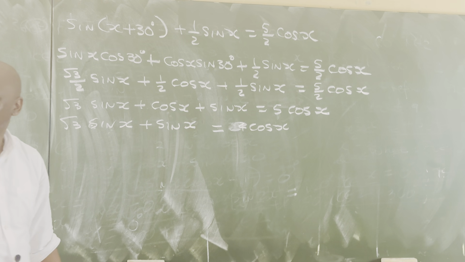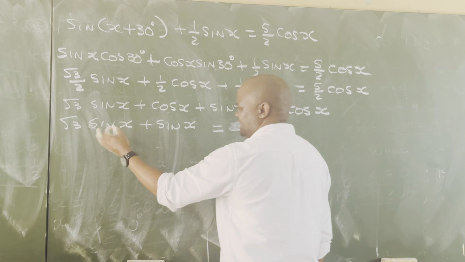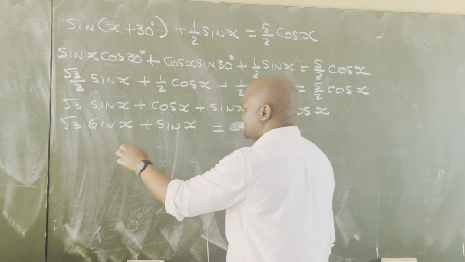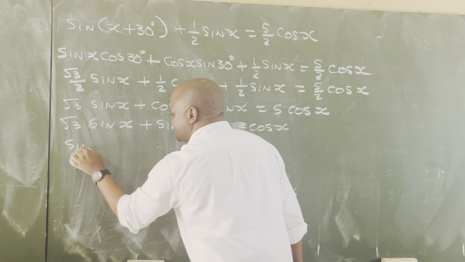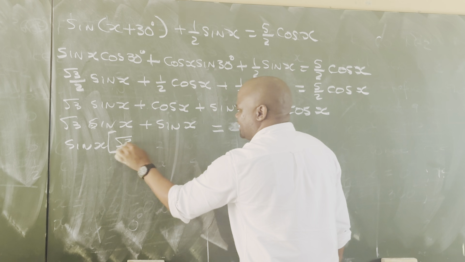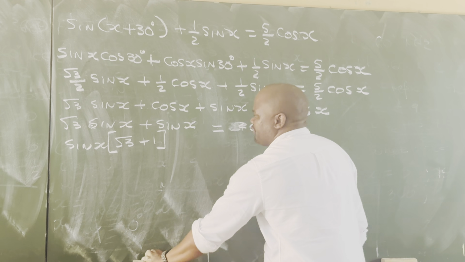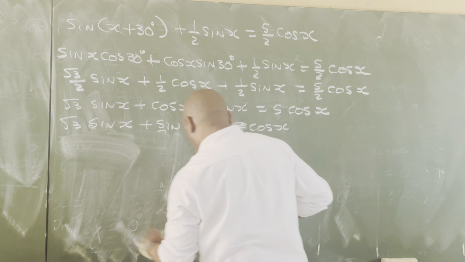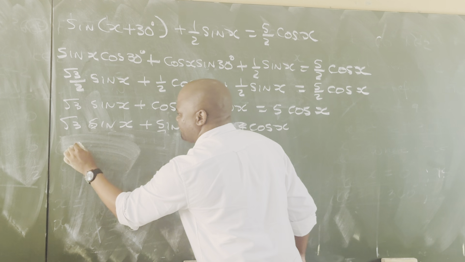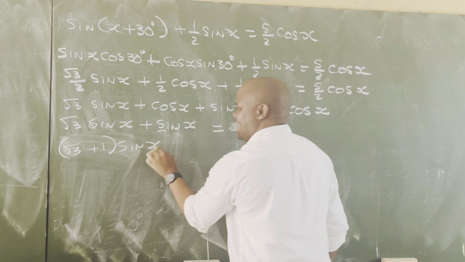Take out sine as a common factor, if you want to avoid irrational numbers. So let's take sine x as the common factor, which will give us root 3 plus 1 as the coefficient, or we can even write it like this: root 3 plus 1 sine x.